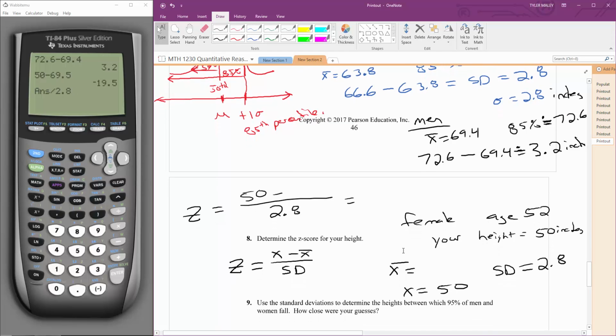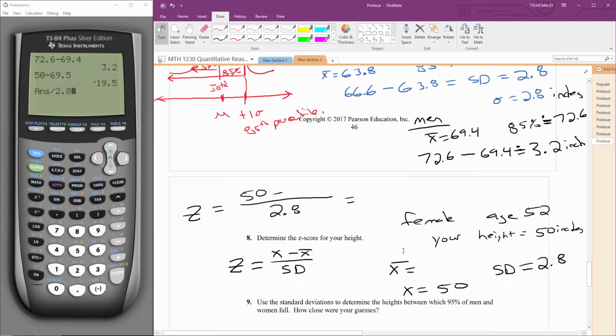So for 52 years old and female, that follows to be 63.9. So this should be 63.9 inches, right?